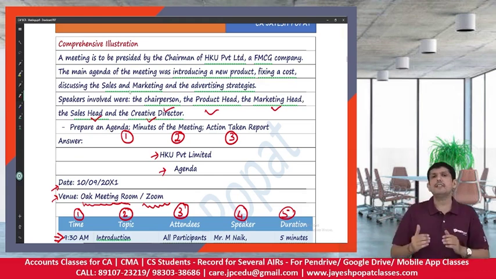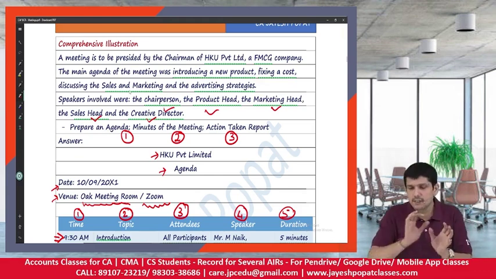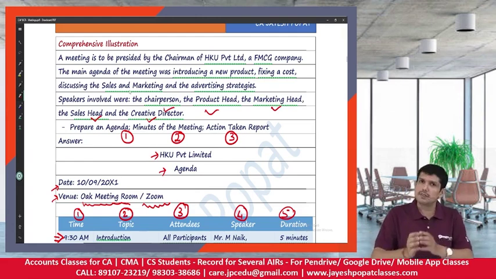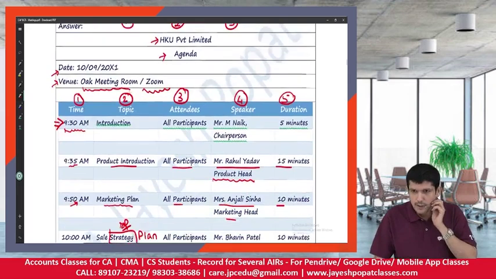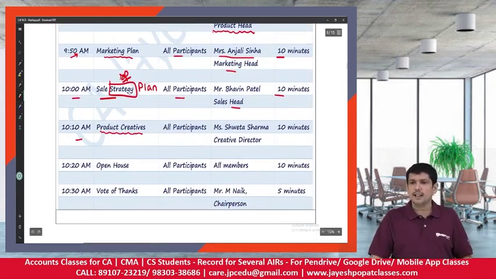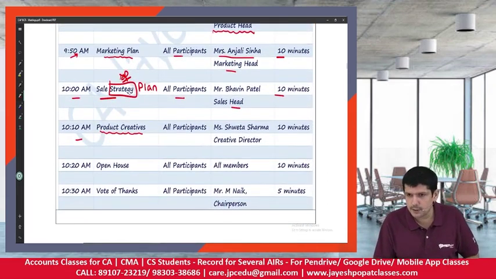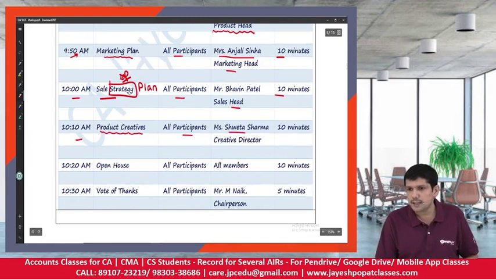So whenever you're drafting the agenda and they have given you the participants, please try to involve all of them in the discussion. Now we'll talk about product creative. Again, all participants will be there. Miss Shweta Sharma is the creative director. She'll talk about it for 10 minutes. Then, see, again, these two things will always be there.